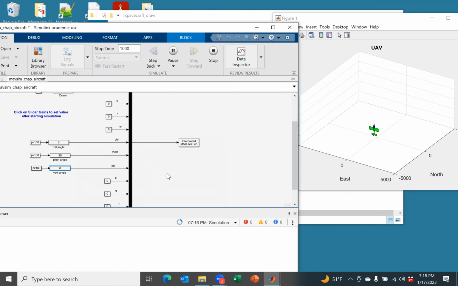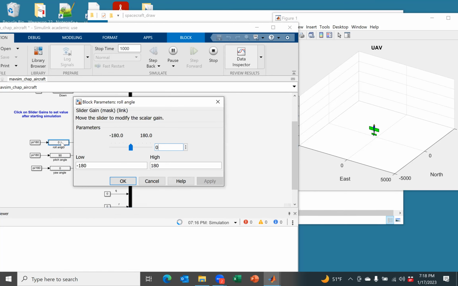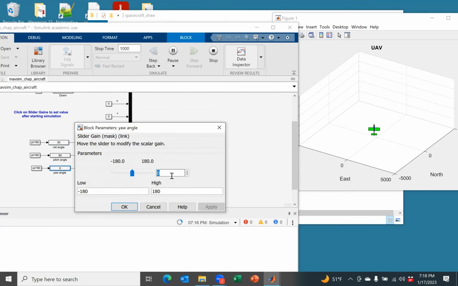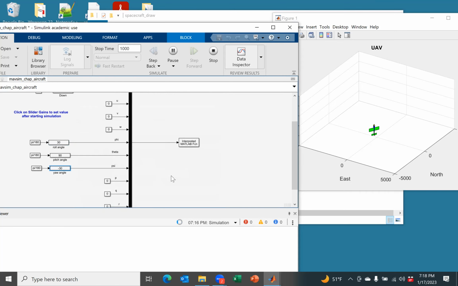Now my aircraft is again at 90 degree pitch and I'm going to do the exact same thing. I'm going to roll it by 30 degrees. Can you see? And I'm going to yaw it by minus 30 degrees or 30 degrees.